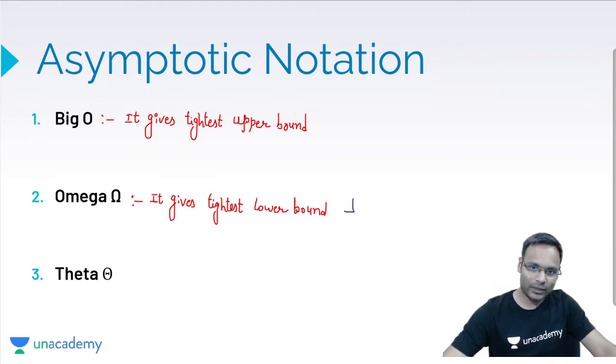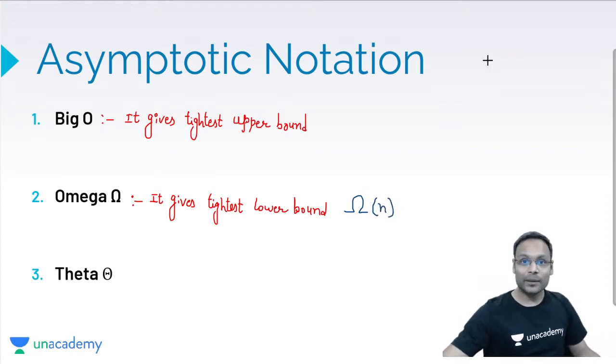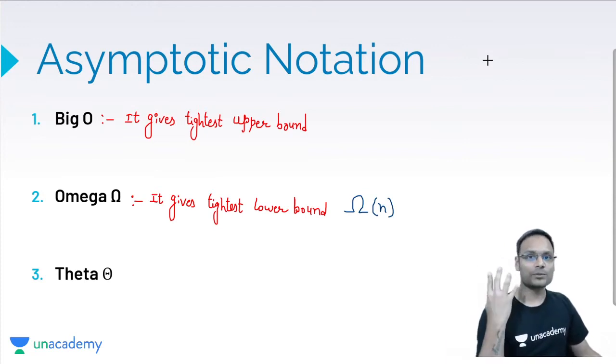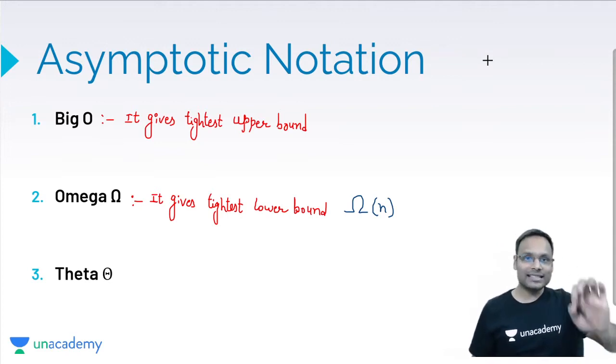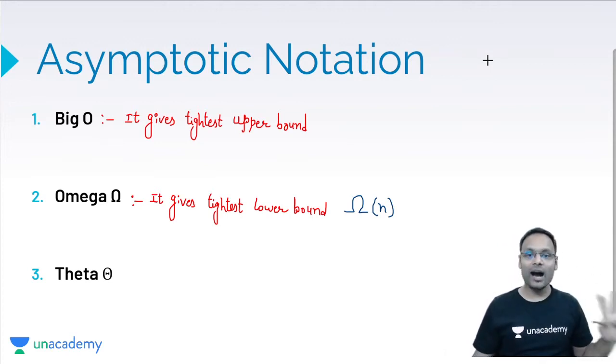Suppose I have written that for some algorithm the tightest lower bound is omega of n. What does it mean? It means that a minimum of n steps is required to perform that operation. More than n can be required, yes. Less than n is not possible at all. It will not work in less than n.